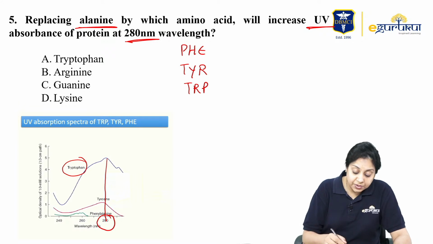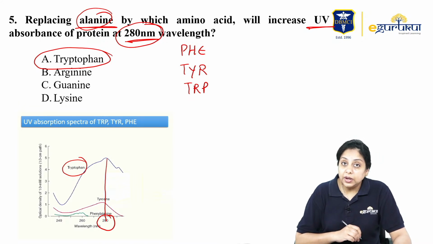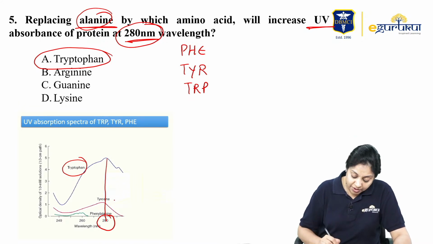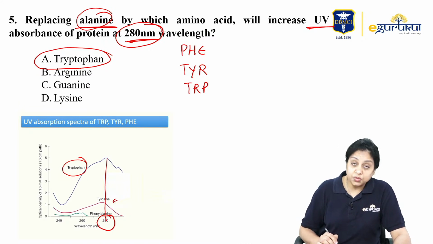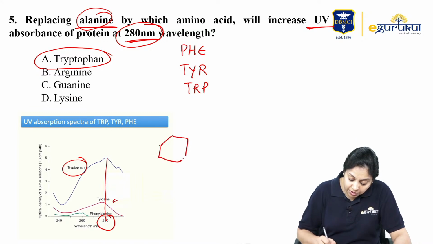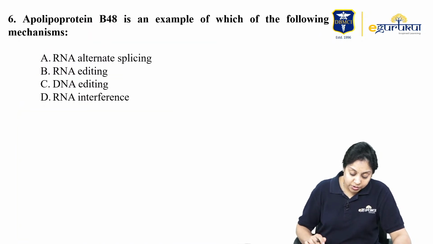So if we replace the alanine by the tryptophan, that is going to show the absorbance at the 280 nanometer. After tryptophan we have the tyrosine, and phenylalanine shows the least. So tryptophan has what kind of a system? A 6-membered ring fused with the 5-membered ring, right? Indole kind of a system it has. So the choice is A.